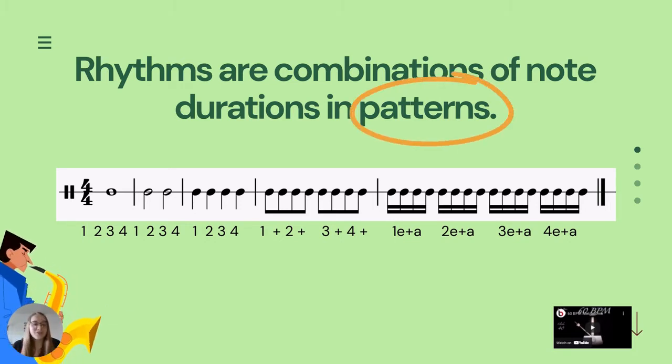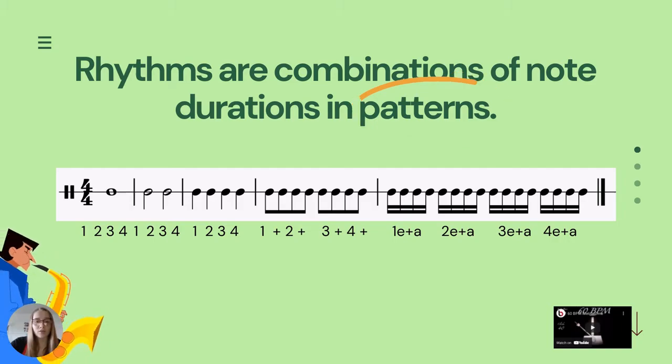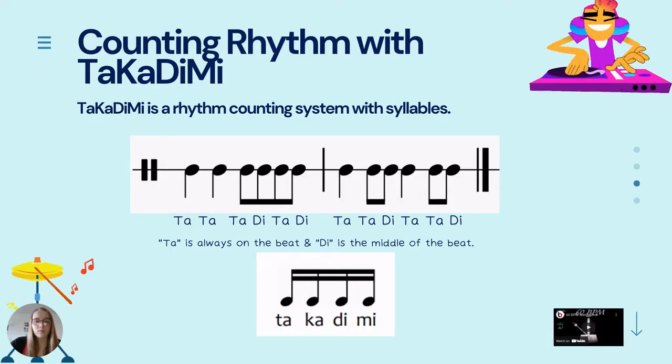So 1, 2, 3, 4 works well, but I find that when we get to 1 e and a, it gets a little clunky, and there are better ways that we can use syllables to describe our 16th notes. Let's try a new system. So, as I said in the beginning, we're going to be counting rhythm with TaKaDiMi. What is TaKaDiMi?